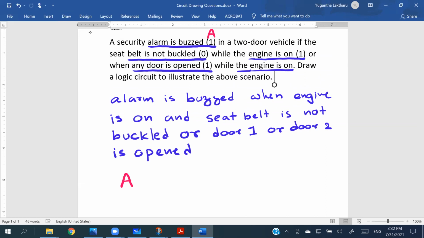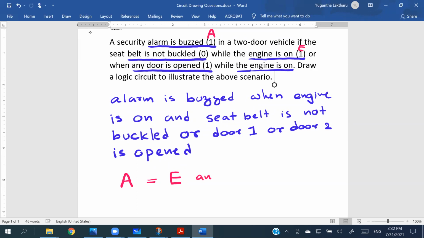If we take seat belt as S, it's going to be S bar. So in my scenario, alarm is buzzed when engine is on. Engine is on means, let's say E, because engine on is indicated by 1. So I can take E.